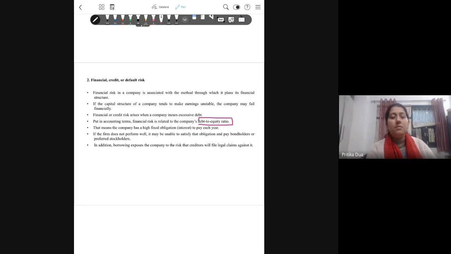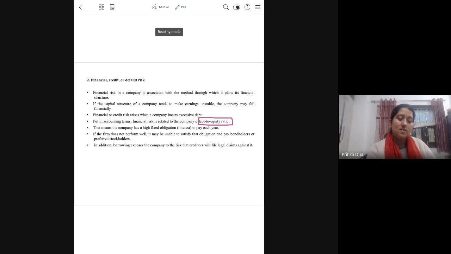So avoiding such a company, I would prefer investing in a company which has a decent debt equity ratio and over the years has shown growth in the revenue. So financial risk is based on how the debt equity ratio of a company stands. The higher the debt, the higher is the risk for the firm, the higher is the default risk for the firm.